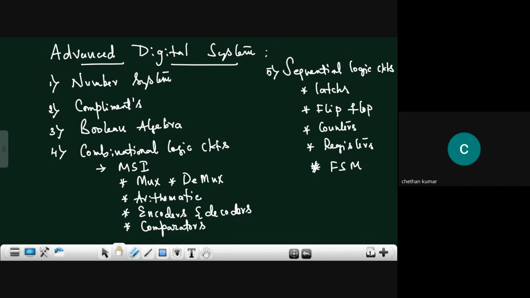And if you break a gate and look inside, there are components, devices: active devices, meaning transistors, and passive devices, meaning resistors and capacitors.